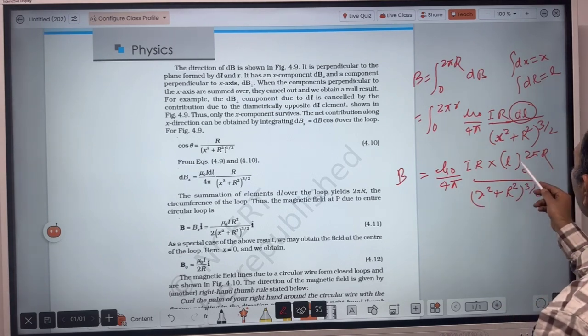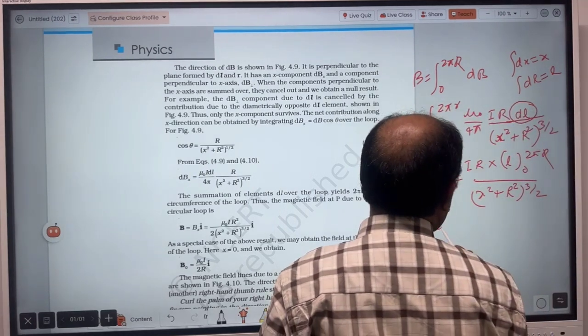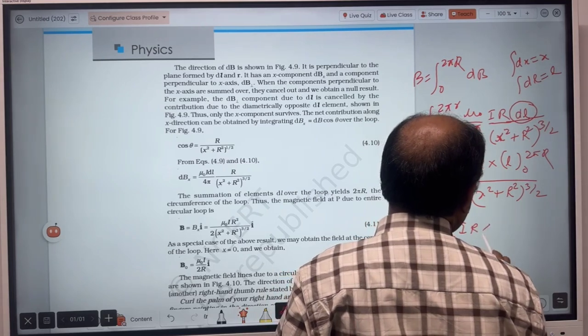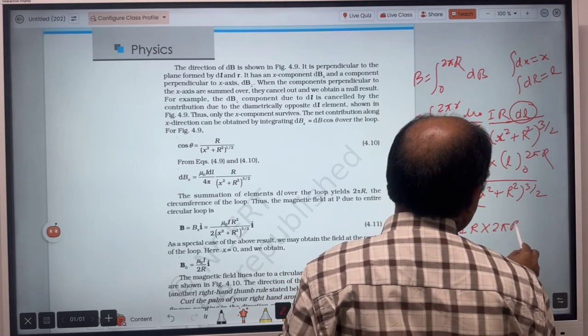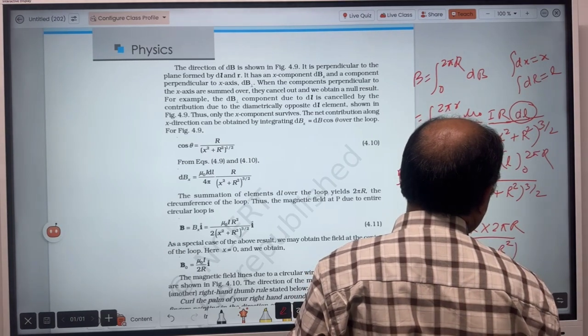Now we put the limit here, so we will get 2 pi R. So it will become mu naught upon 4 pi, I R into 2 pi R divided by x square plus R square whole power 3 by 2.